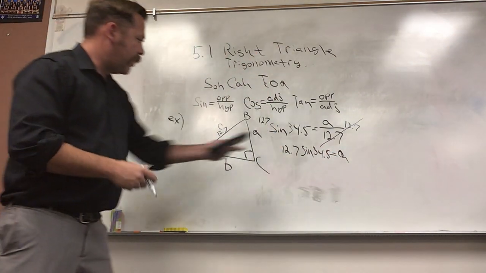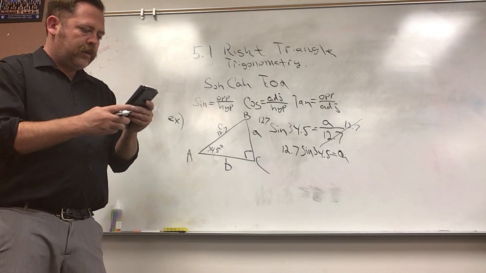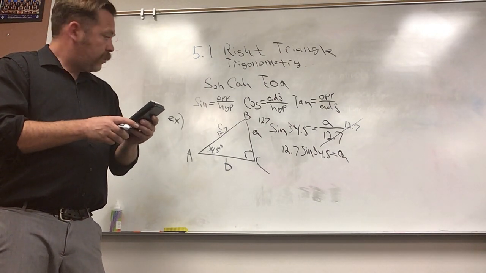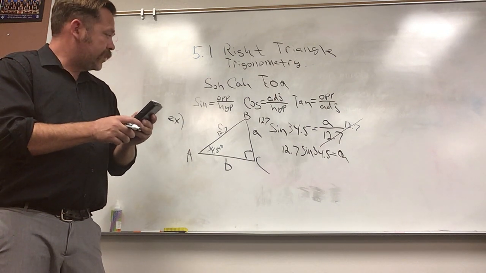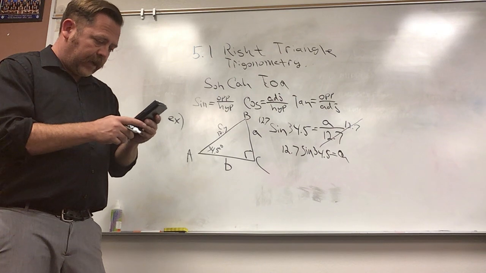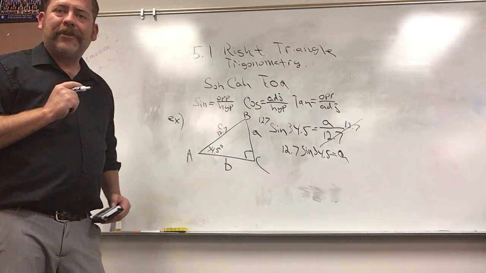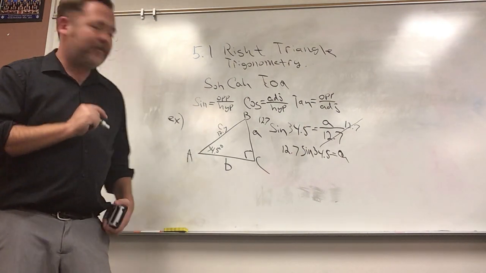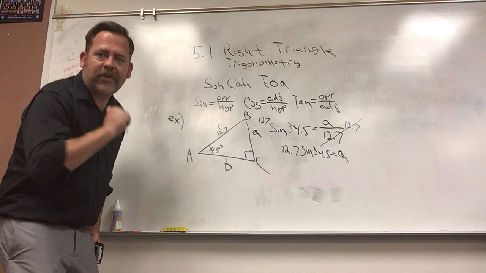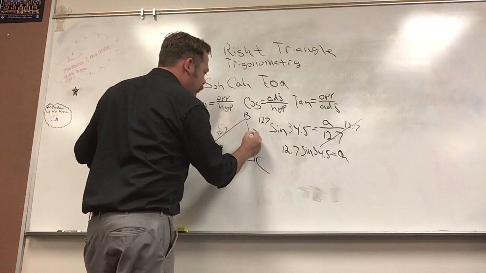And I'm gonna just plug that into my calculator. Make sure your calculator is in degree mode. I'll go 12.7 times sine of 34.5, and we get 7.2. Decimals are okay in this type of problem. Right triangle trigonometry, decimals are just fine. So this a is 7.2.